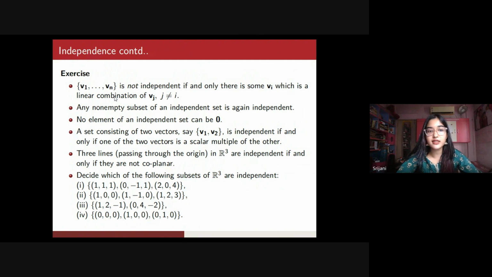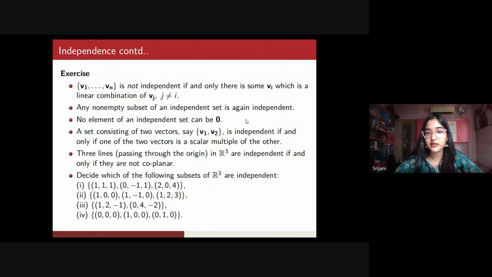These are very easy statements which come just from the definition: a set is not independent if and only if there is some vi which is a linear combination of the other vj's. Then any subset of an independent set is independent. If you just write it down using the definition, it is very easy. Now, if there is 0 in a set, it is not independent. Can you all see that easily?